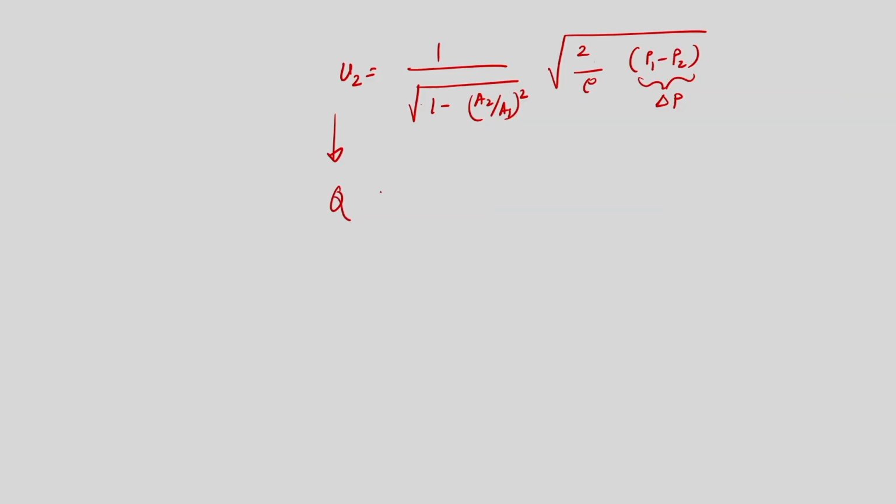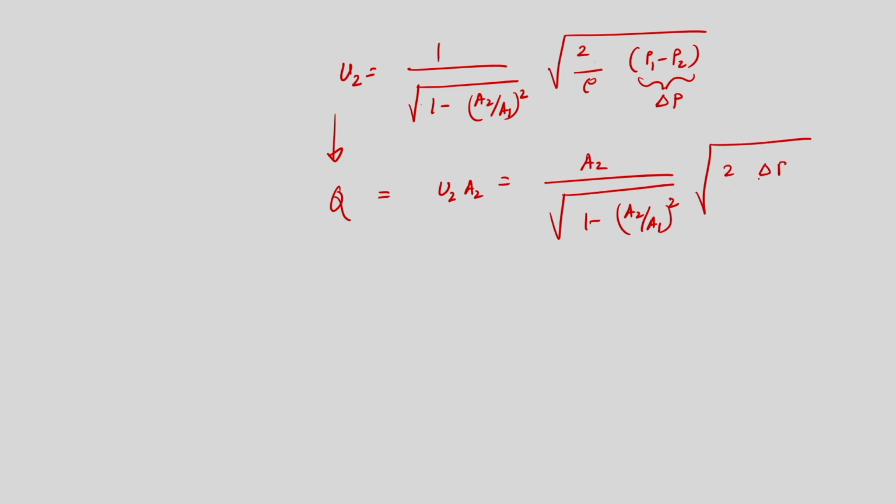If we know the cross sectional area of the throat, we can calculate the volumetric flow rate Q dot, that is U2 into A2, and that is nothing but A2 by the square root of 1 minus (A2 by A1) square, times the square root of 2 delta P divided by rho. So, that we have calculated.